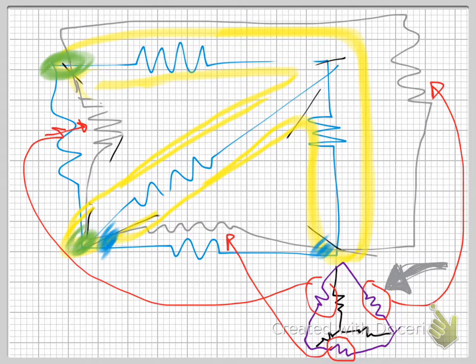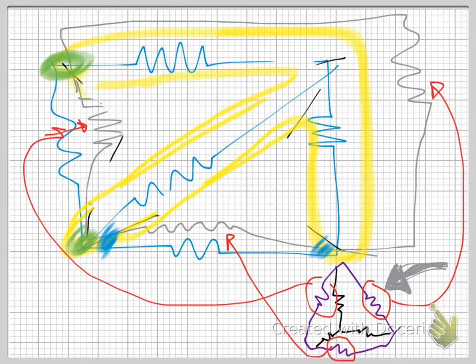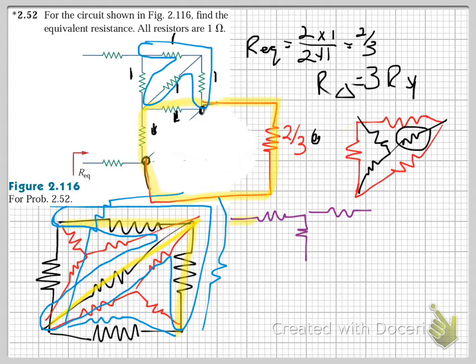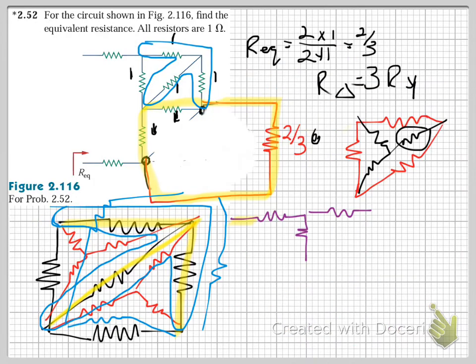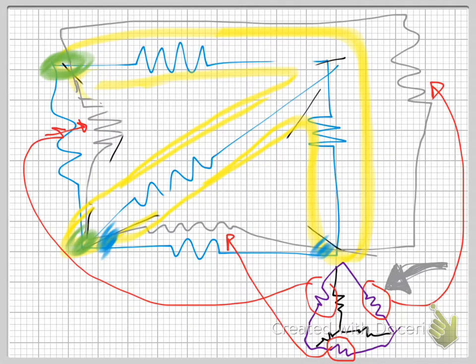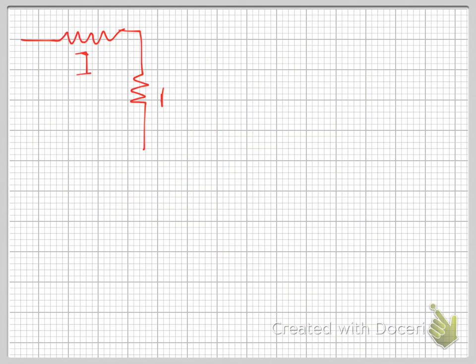So now going on, I need to redraw this annoying thing. We have our 1 ohm there, then a 1 ohm there, and then a delta consisting of our gray delta. I'm going to draw it in green.